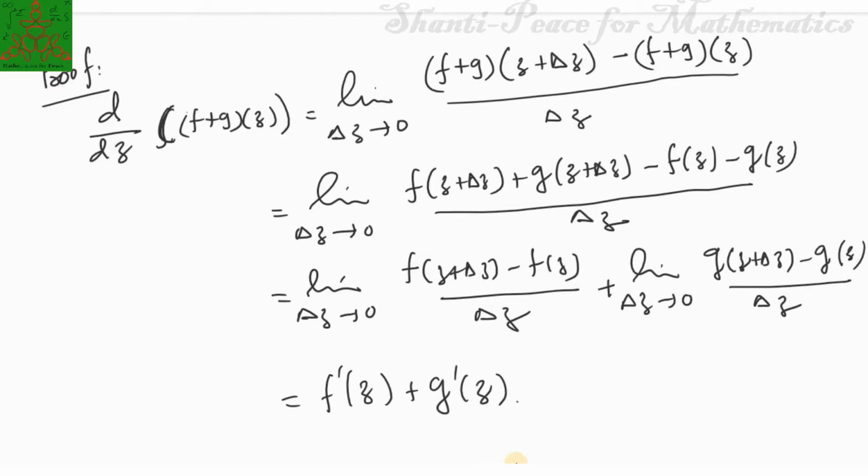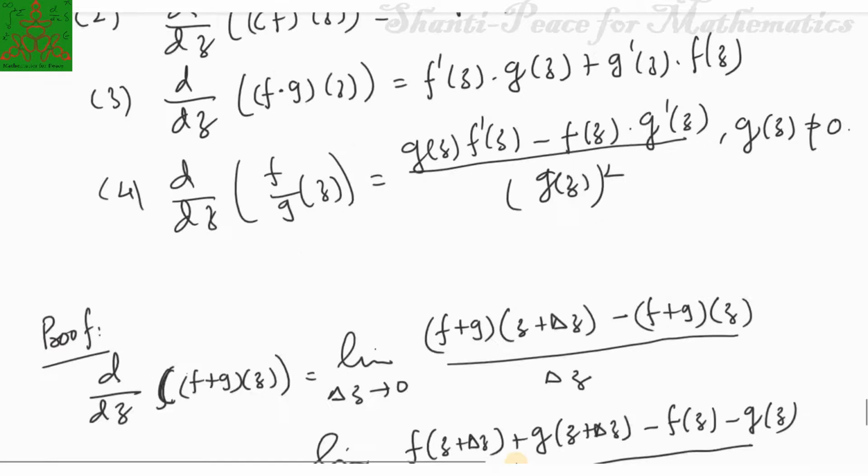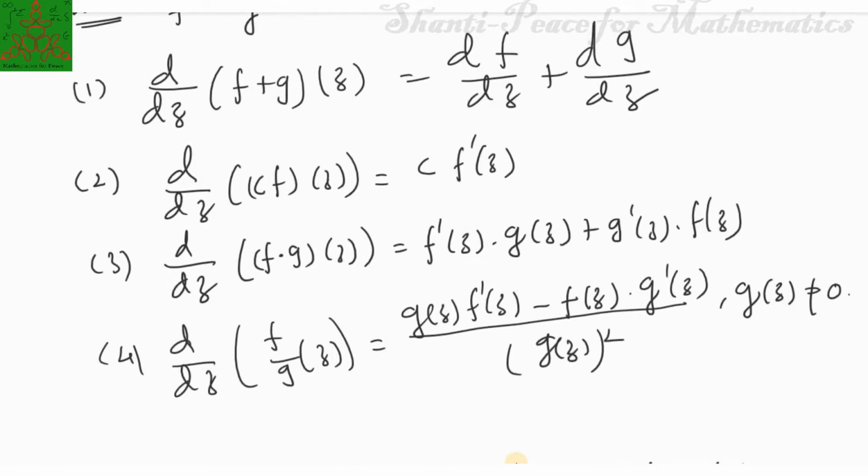So that completes the proof of the derivative formula for addition. I am giving you the second one as a homework, and the fourth one is also as a homework.